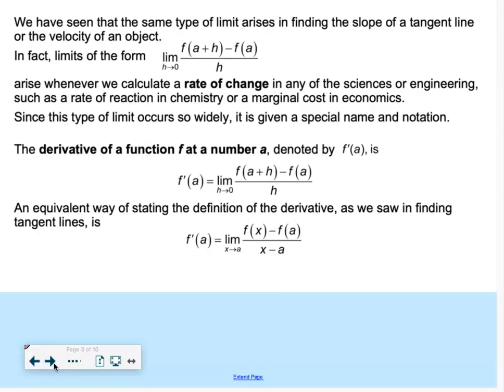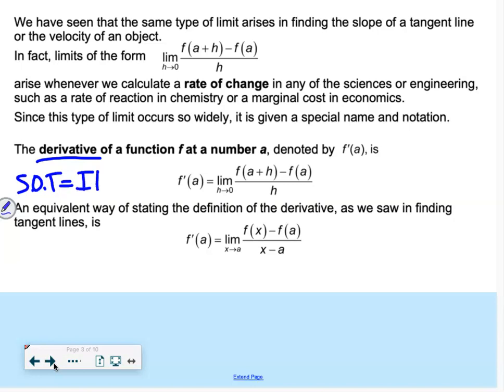Okay. So today we are going to put them together. Today we're learning the two formulas that we were calling slope of the tangent or instantaneous rate of change. Now we're going to call them derivative. So this is still slope of the tangent.